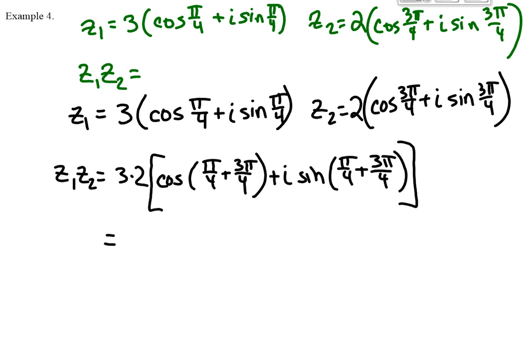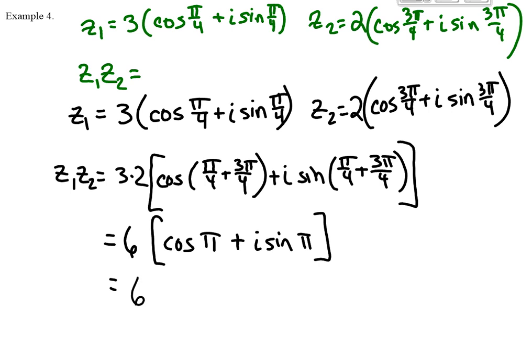So 3 times 2 is 6, and then cosine of pi over 4 plus 3 pi over 4 is 4 pi over 4, or just pi. So cosine pi plus I sine pi.